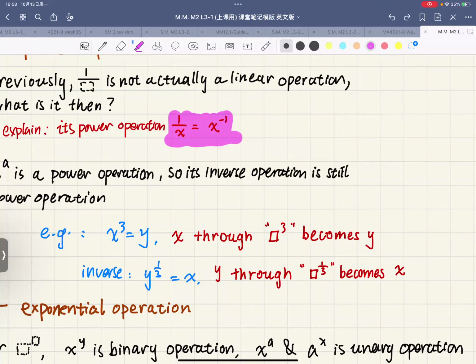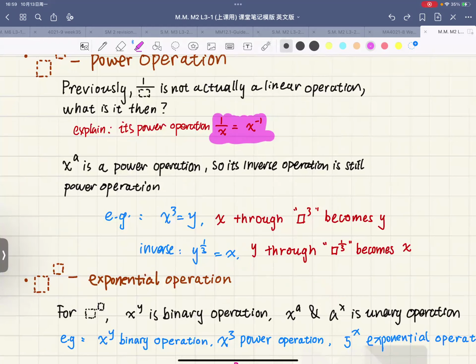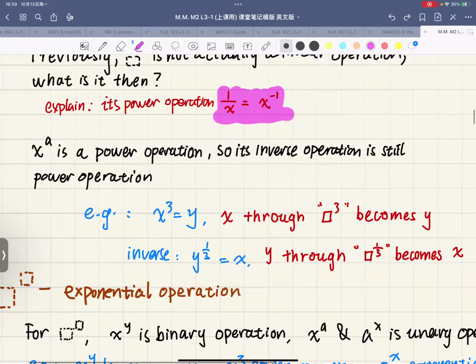One over x is x to the power of -1. Okay, anyone has an issue with this? 1 over x is equal to x to the power of -1. Are you okay with that? Okay. But x to the power of a is a power operation.